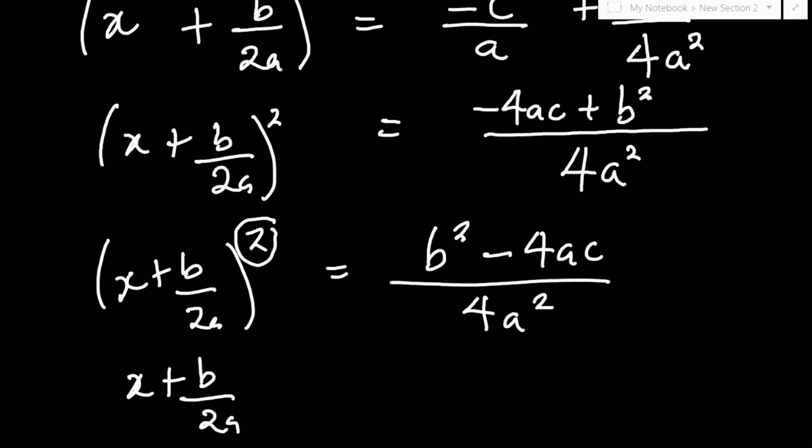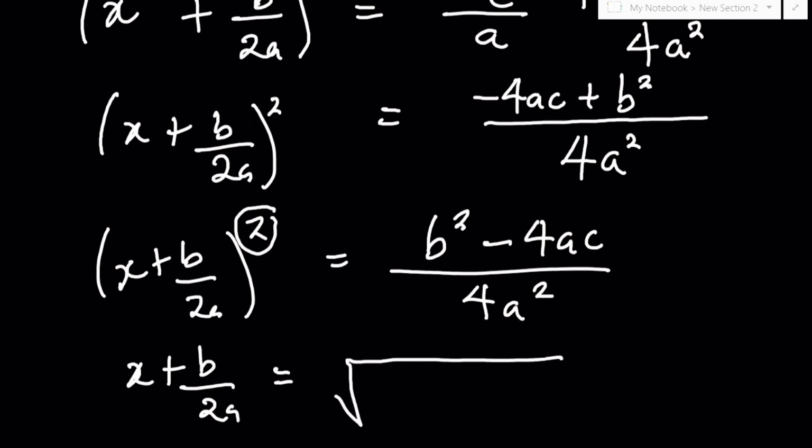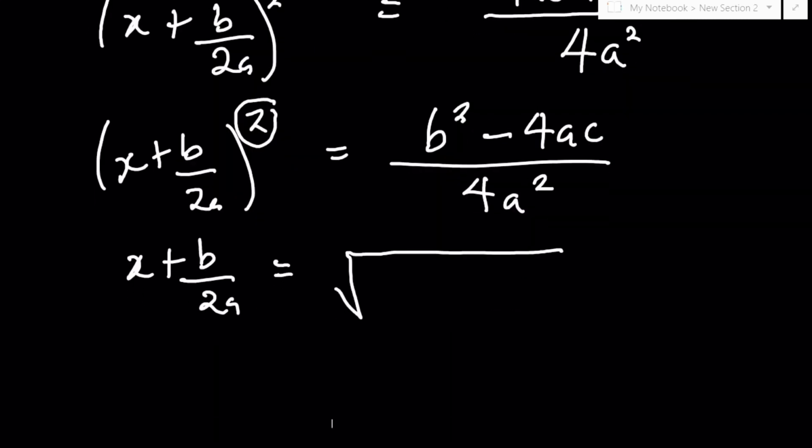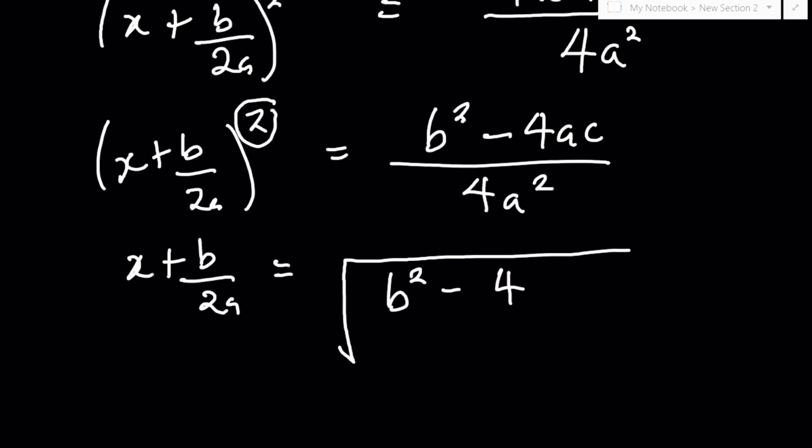When we move it to the other side, it becomes the square root. Now I need to make the square root a little bit bigger, because we are taking the square root of both the numerator and the denominator. So let me make that a little bit bigger. Yeah, it's better. b squared minus 4ac divided by 4a squared.